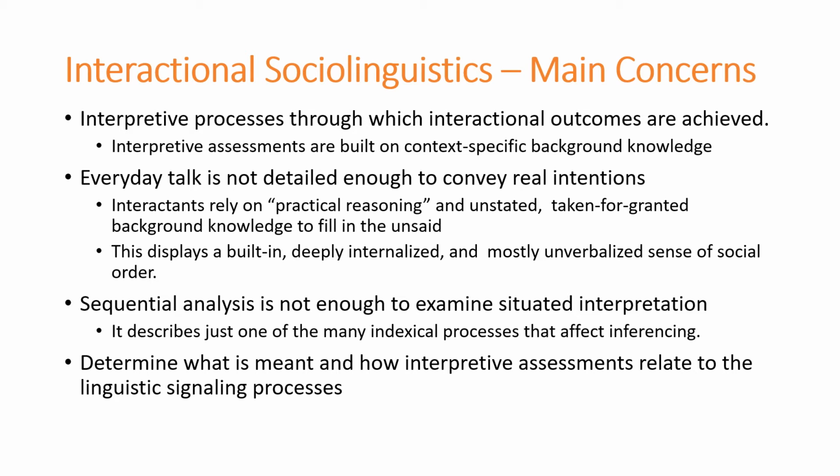So the focus of IS is to determine what is meant and how interactants' interpretive assessments relate to the linguistic signaling processes. So what linguistic devices, discursive devices, interactional devices play a role in the signaling process that can help us interpret talk?